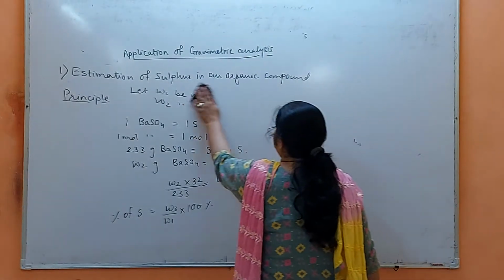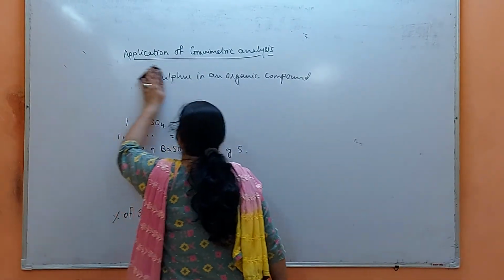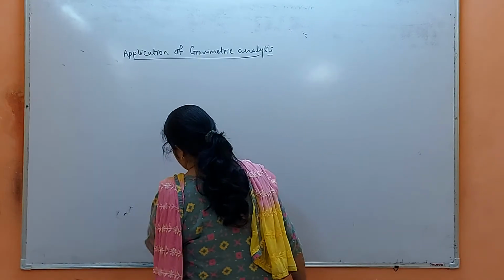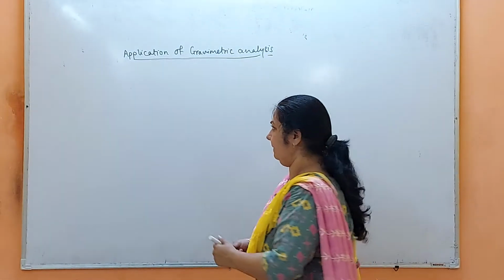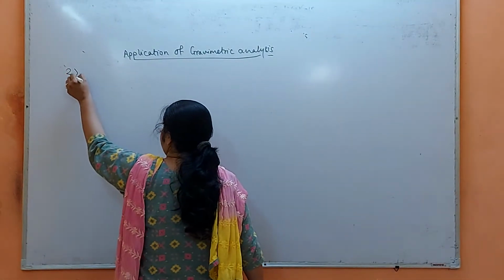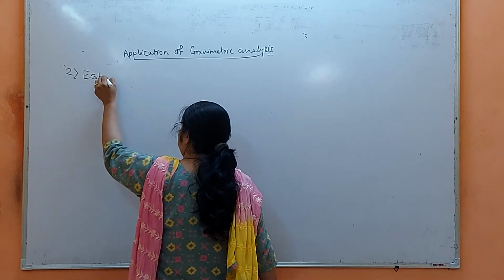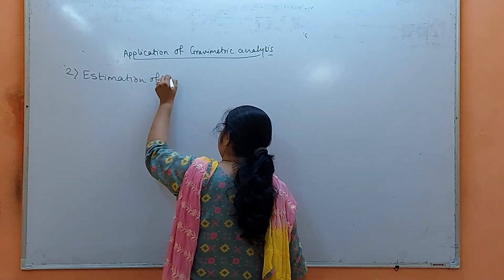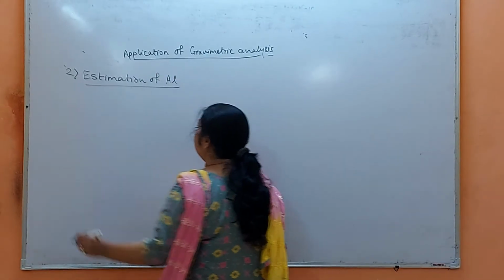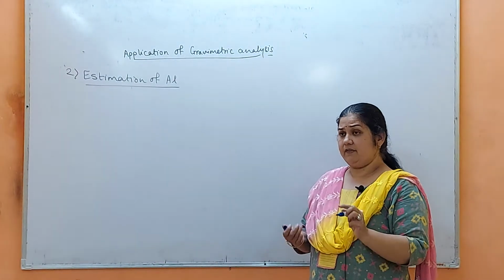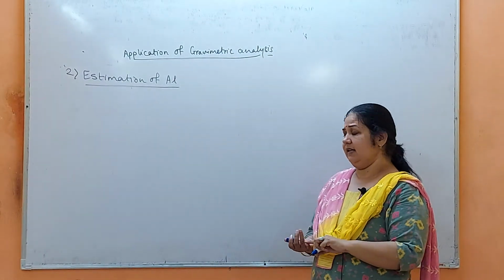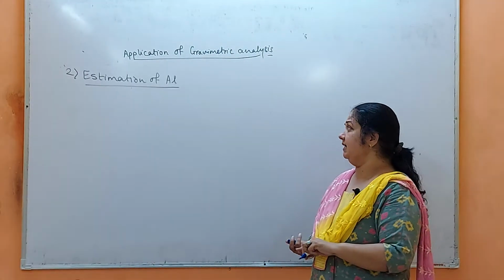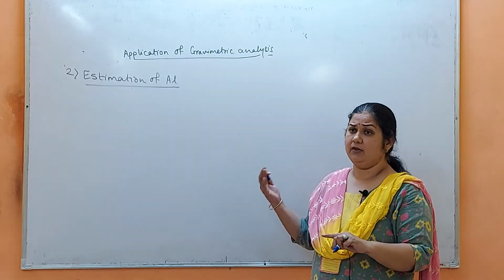In a similar manner, the second application is estimation of aluminium. Now see, aluminium being hygroscopic, first of all lead is necessary while drying it, and secondly it should always be cooled in a desiccator, because Al2O3 we are going to convert.